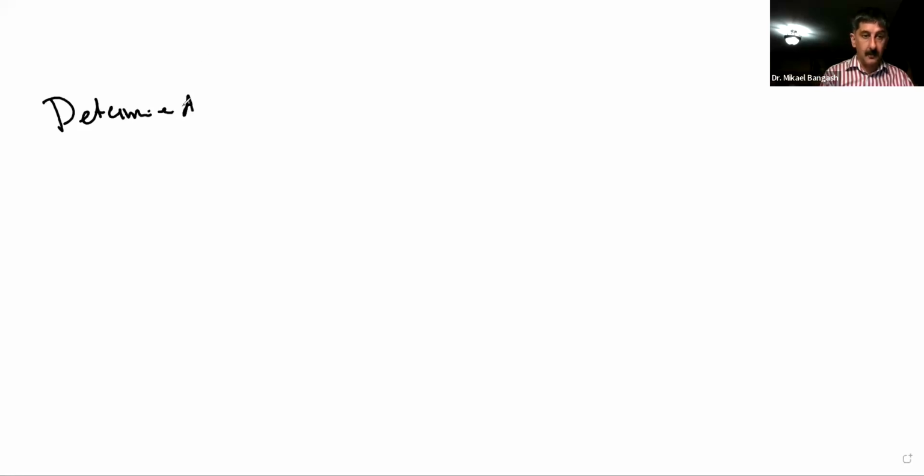Just what is going to determine the speed of sound, or we can say ultrasound's speed? It is going to be determined by the medium.